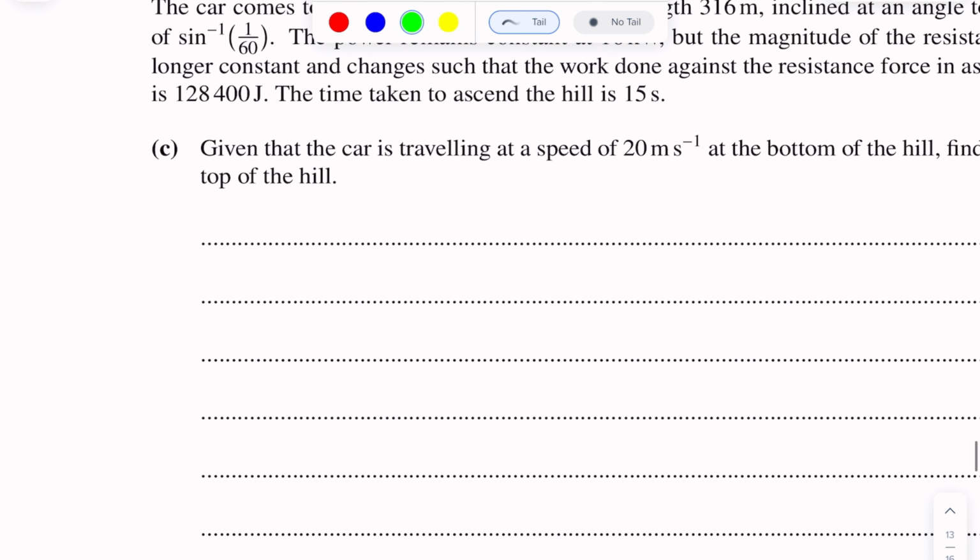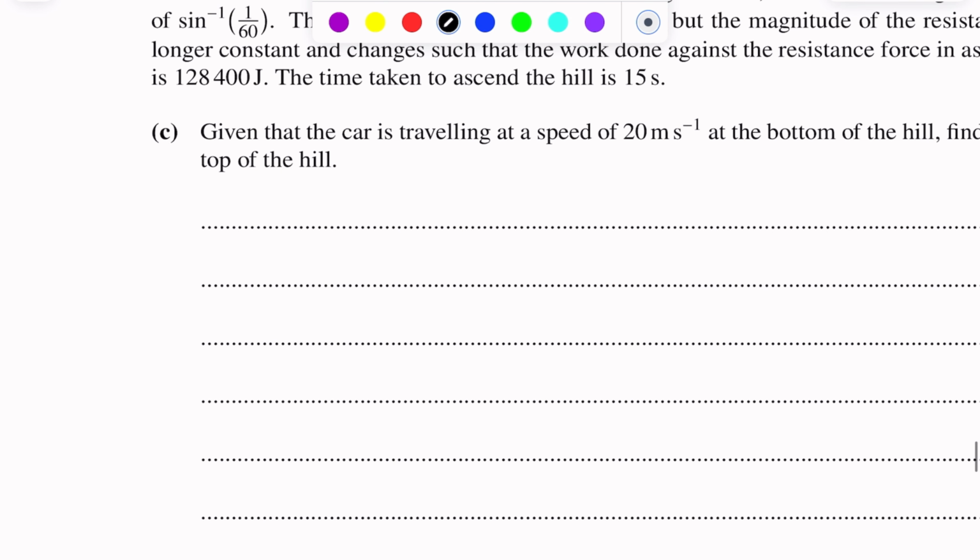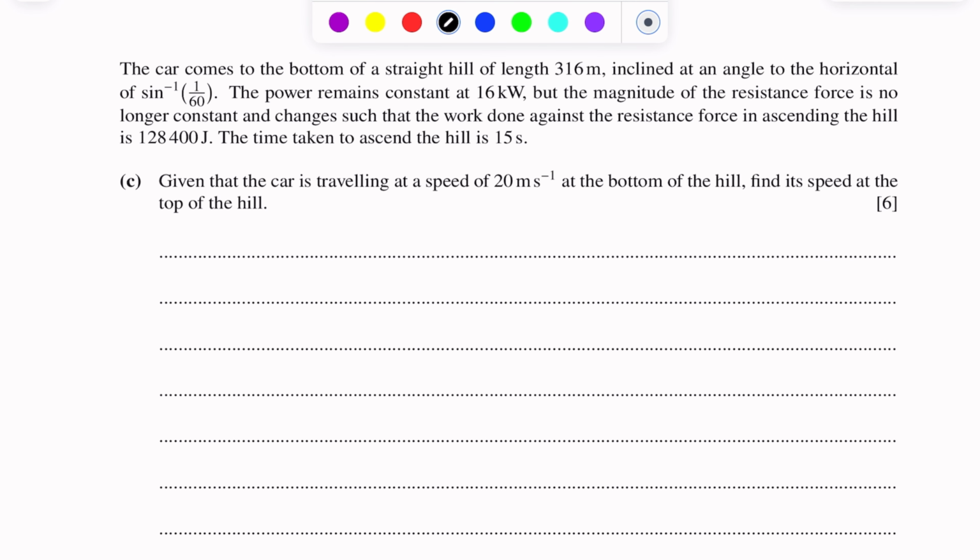So first we make the diagram. This is the horizontal road first. In the last part, the car was traveling on a horizontal road. Now the car is moving on an inclined plane.